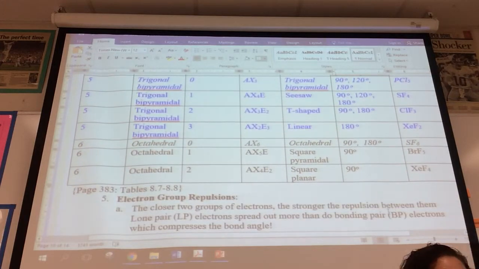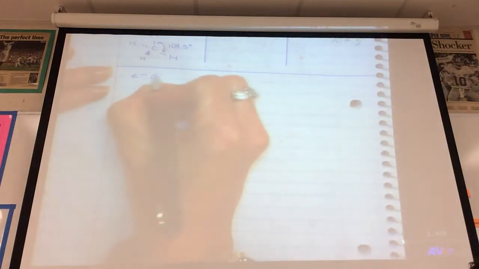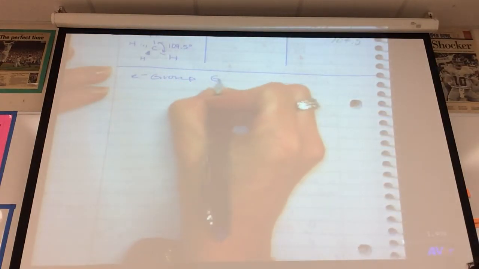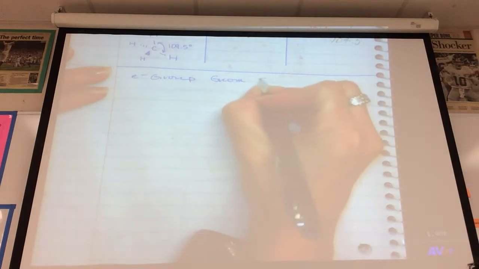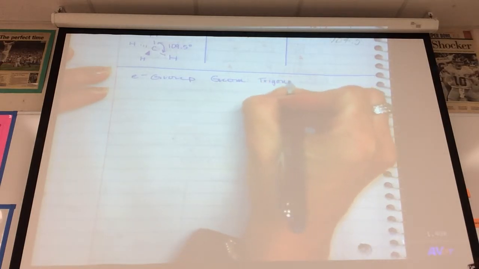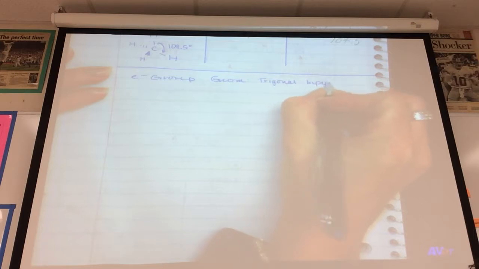So with the expanded octets, let's look first at the electron group geometry of trigonal bipyramidal.